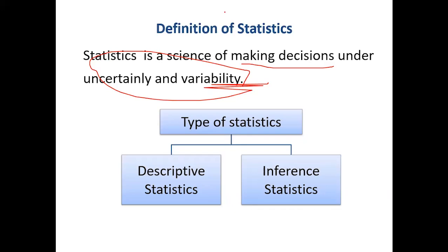Then statistics mainly has 2 branches, or 2 components: descriptive statistics and inferential statistics. Through this course unit, we are mainly going to focus on descriptive statistics, get decisions based on the descriptive methods, and then learn how to interpret those.